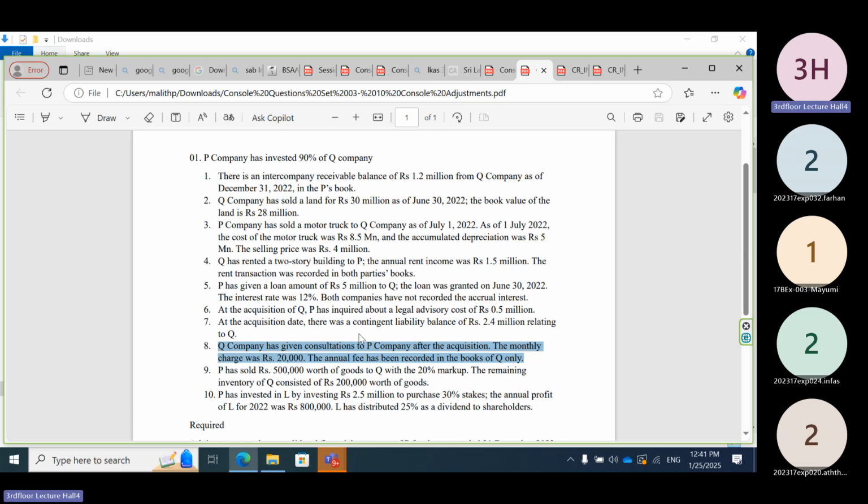So the subsidiary payable should be debit 240, and the subsidiary P&L should be credit 240.